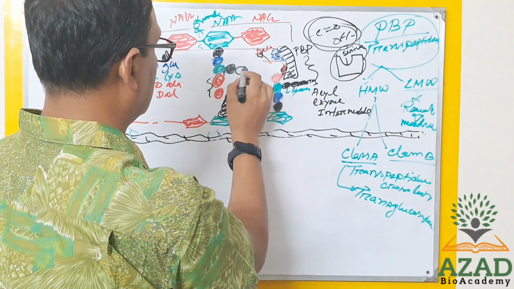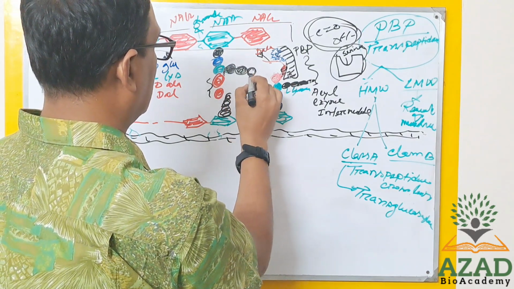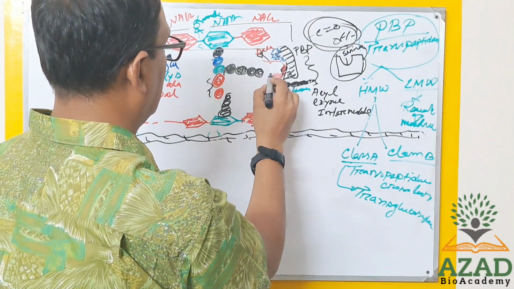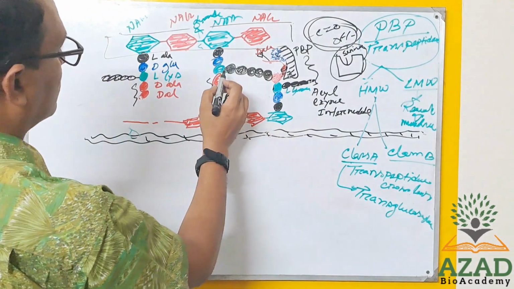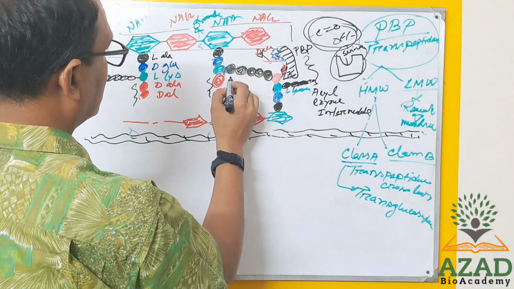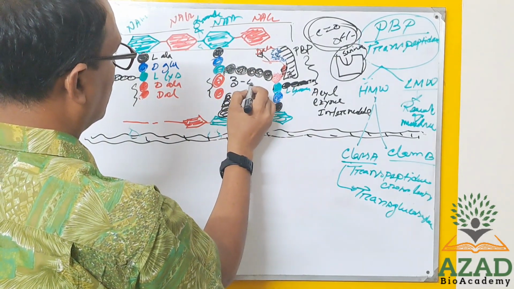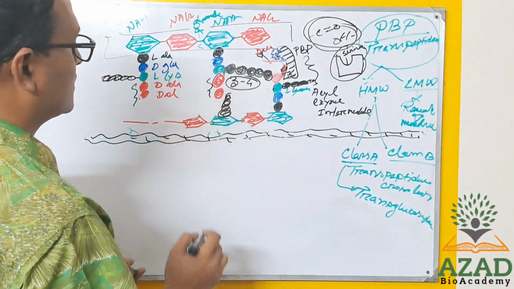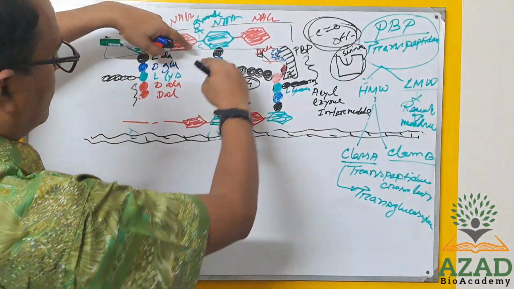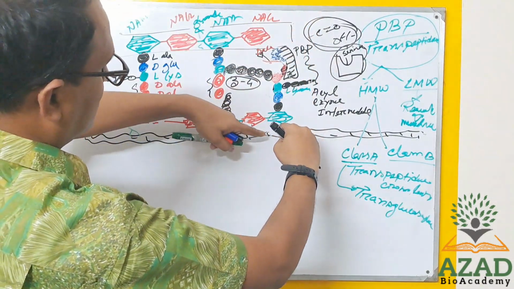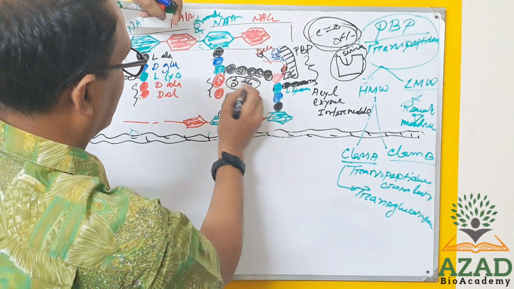That is glycine, glycine, glycine, and glycine. So the bond will be a 3 to 4 linkage, number 3 and 4. One chain and another chain will be attached by the cross-linking.